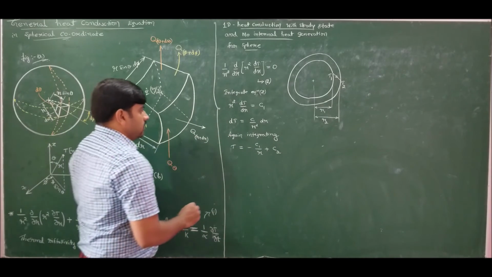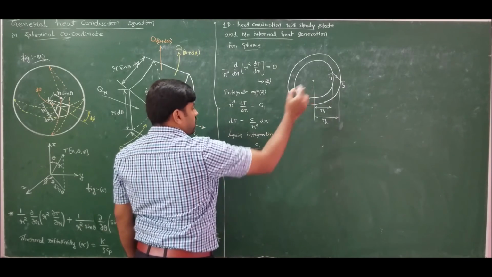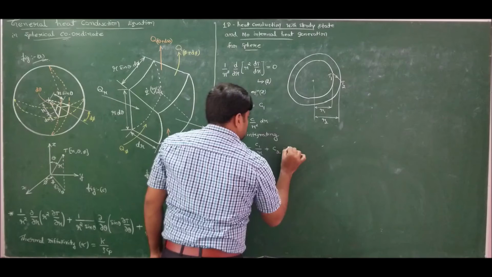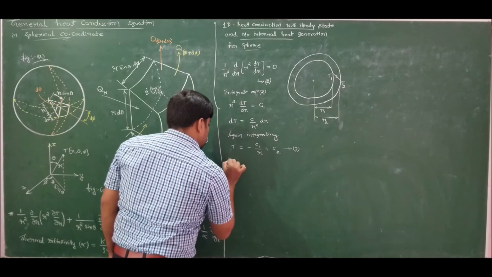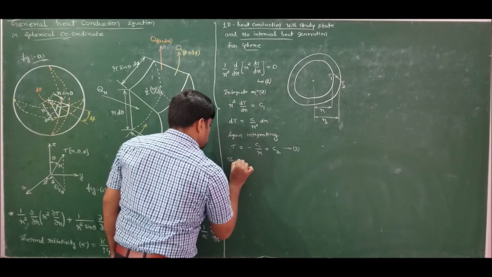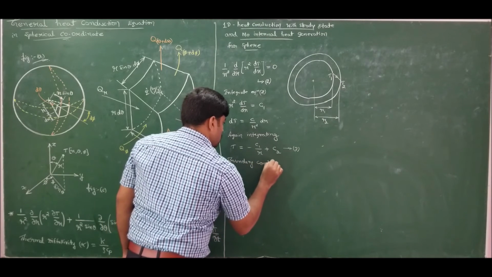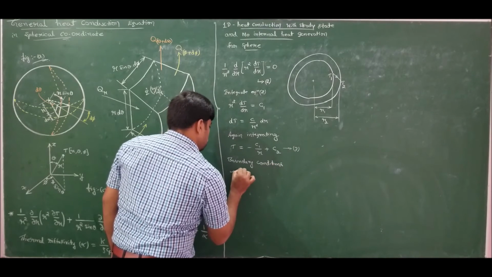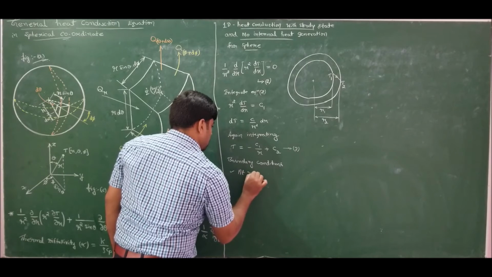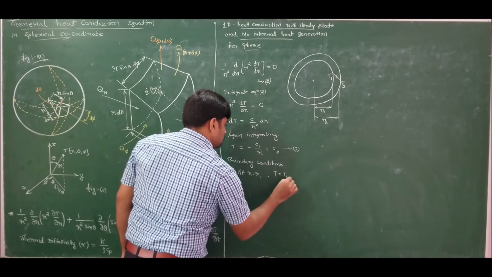Now we have two constants C1 and C2. To determine the two constants, we have two boundary conditions. That is, for equation 3, substitute the boundary conditions. The first boundary condition is that at radius r is equal to r1, temperature T is T1.